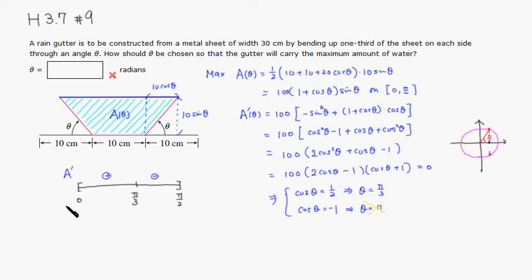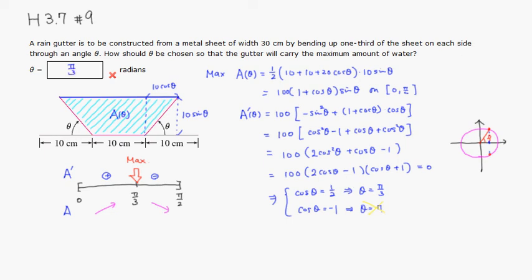Which means that area is increasing before pi over 3 and decreasing after pi over 3, which means that we have a maximum here. So we want the angle to be pi over 3.